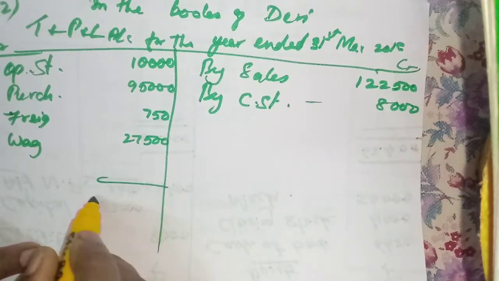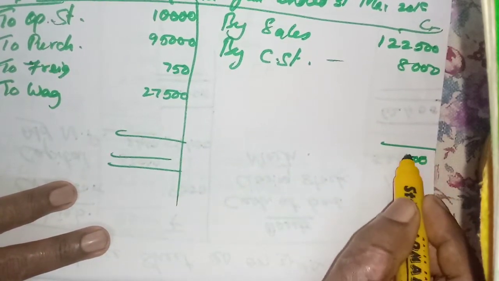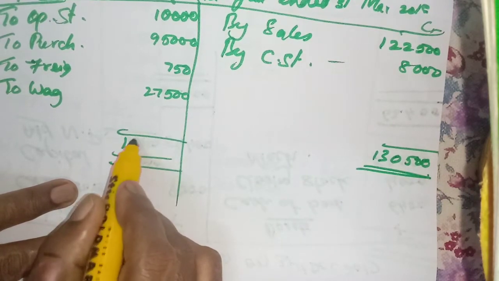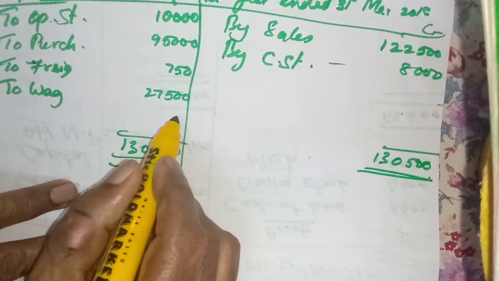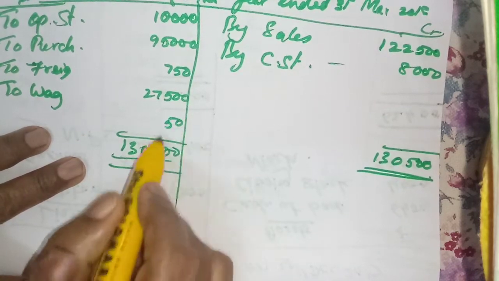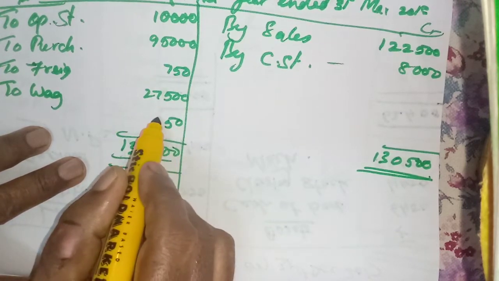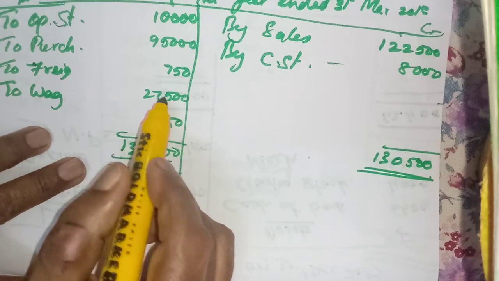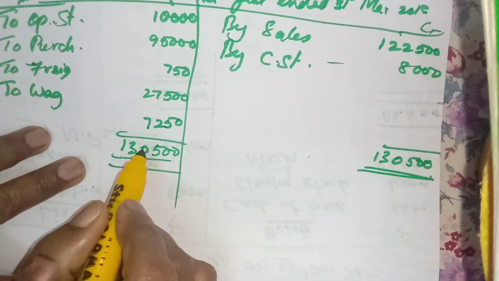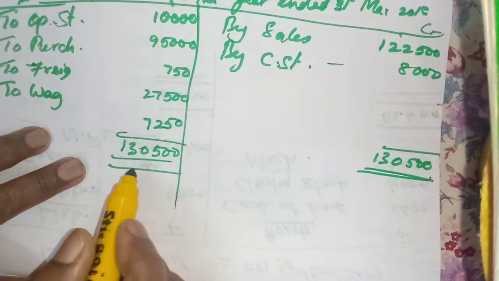Now we will find out the balance. Okay, here 1,30,500. Then 5 plus 5, 10. Balance 1. 6, 13. 13 plus 2, 15. Balance 1. 8. 8 plus 5, 13. 13 plus 7, 20. Balance 2. 4. 4 plus 10, 14.